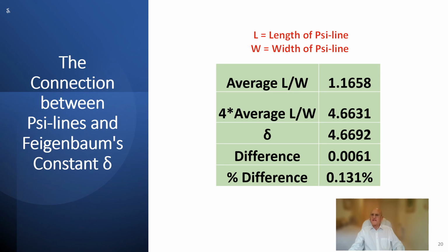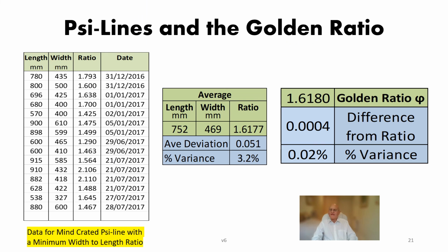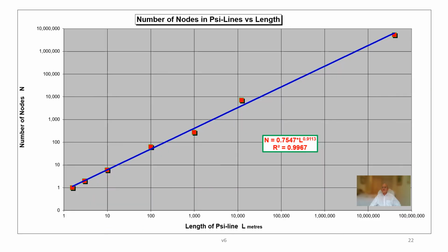In this case, to 0.131% accuracy. This is another example demonstrating that subtle energies are strongly connected to universal constants. In this case, to psi with a 0.02% accuracy.